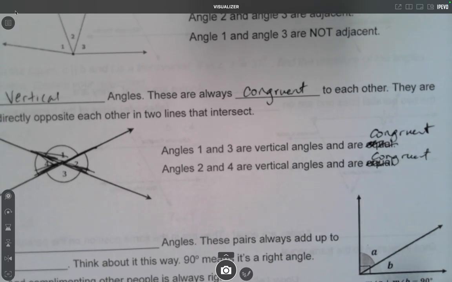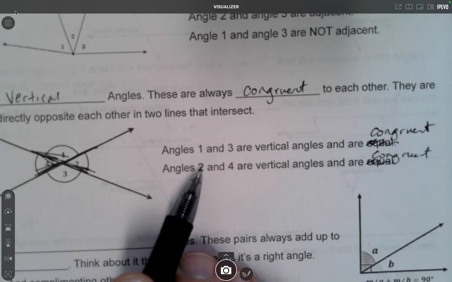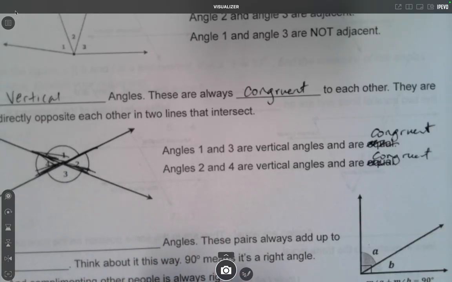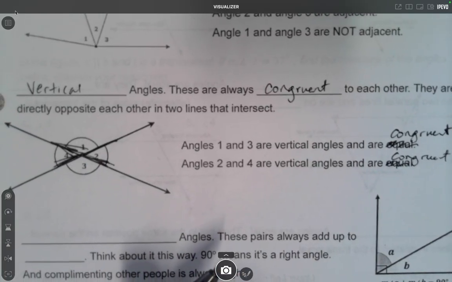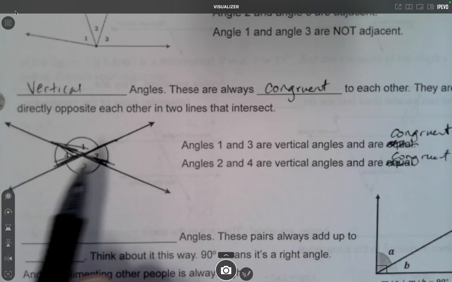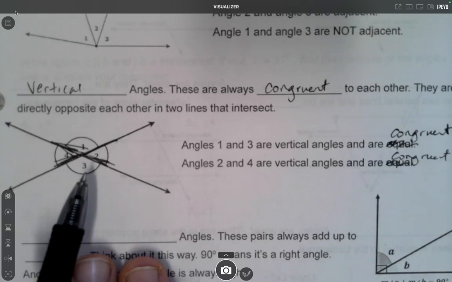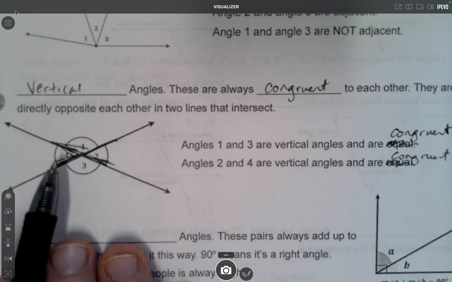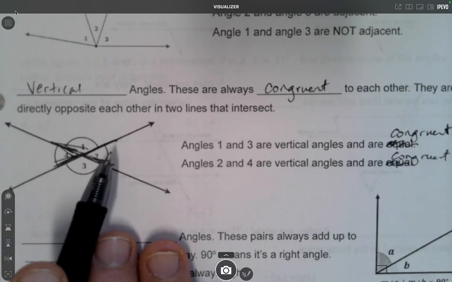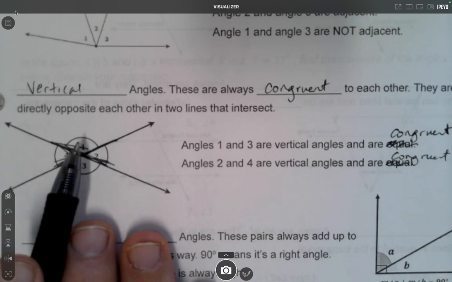But I do want to make one thing clear. It is absolutely true that 1 and 3 are vertical and they're congruent to each other. It is absolutely true that 2 and 4 are vertical angles and they are congruent to each other. But that's two different pairs of vertical angles. So just because 1 has a vertical angle and 2 has a vertical angle, that doesn't mean 1 and 2 are congruent, because they're not vertical with each other.